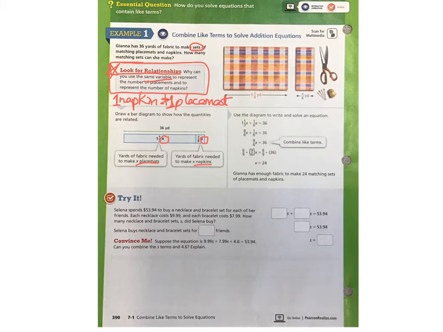So now we're going to use the numbers from the problem. Okay, we have 1 1/3 yards of fabric needed for the placemat, and we have 1/6 of a yard needed for the napkin. So we're going to take 1 1/3 x plus 1/6 x to represent the total amount of fabric that we need to make a set that includes a napkin and a placemat.